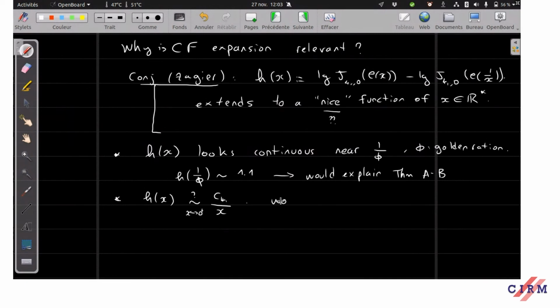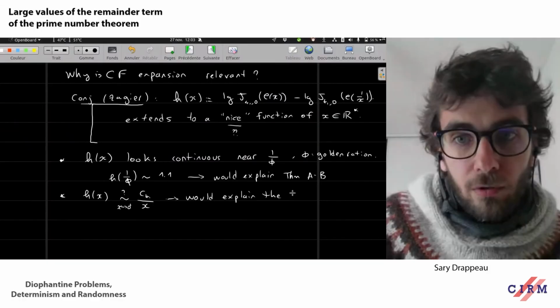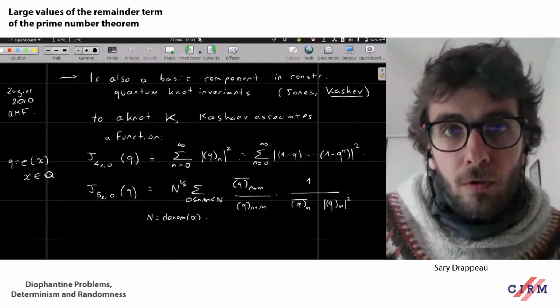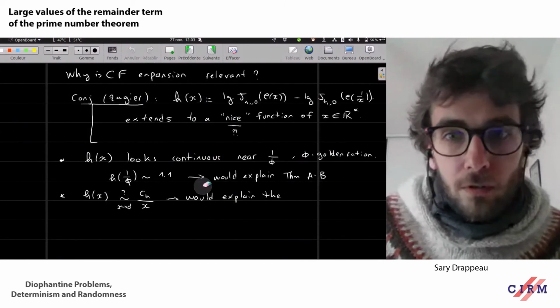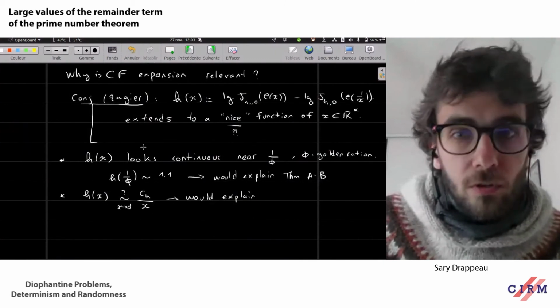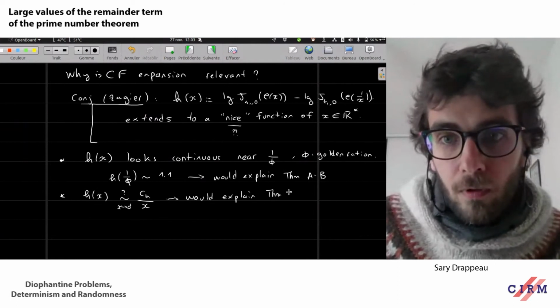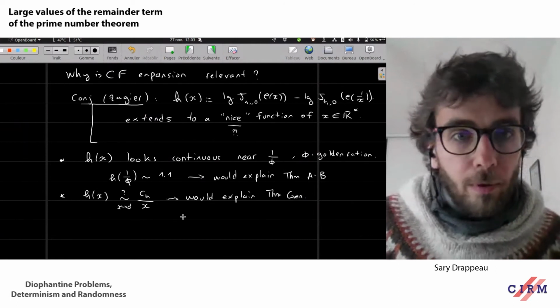And this would explain the generic theorem. Sorry about this. So it would explain the theorem that I called the generic theorem.